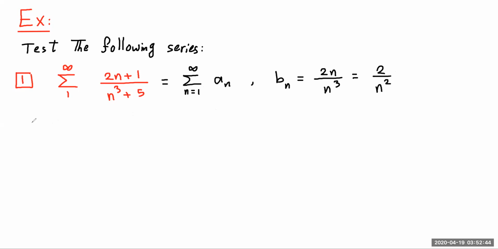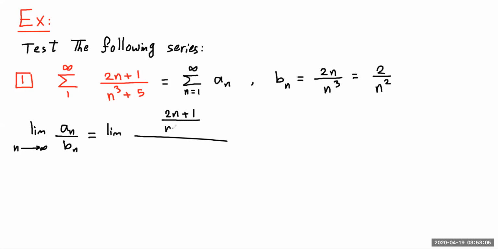Now let's take the limit of an over bn when n goes to infinity. So it will be the limit of an, which is 2n plus 1 over n power 3 plus 5, over 2 over n power 2, when n goes to infinity.